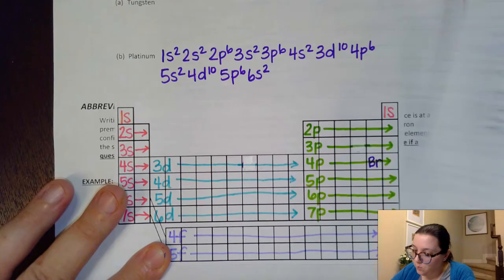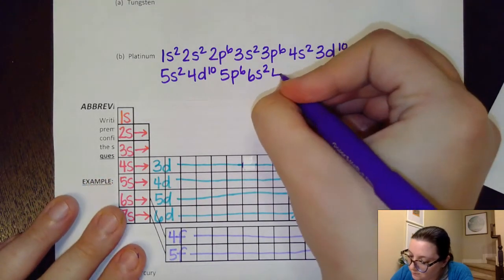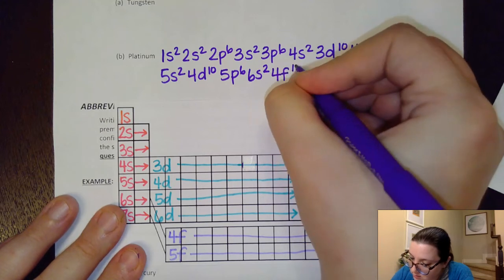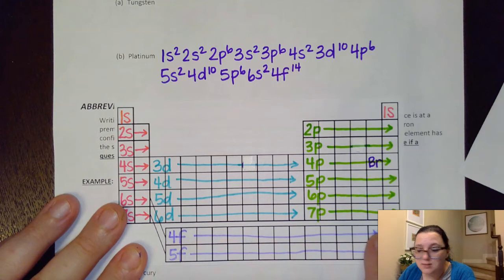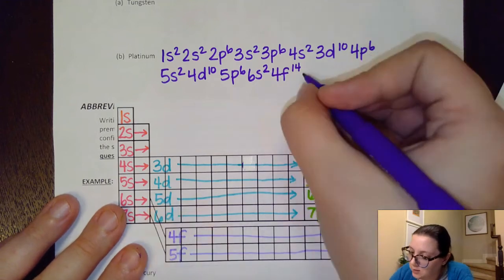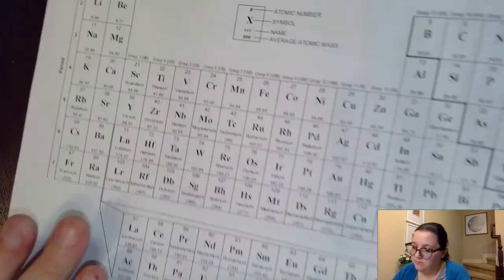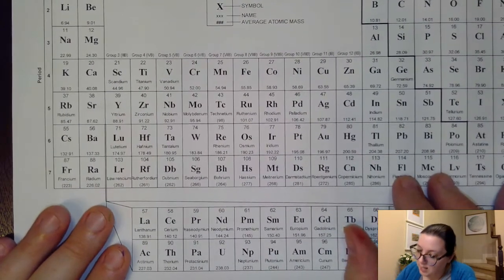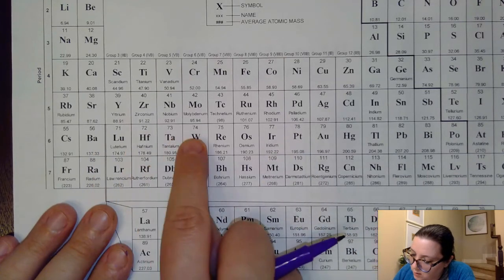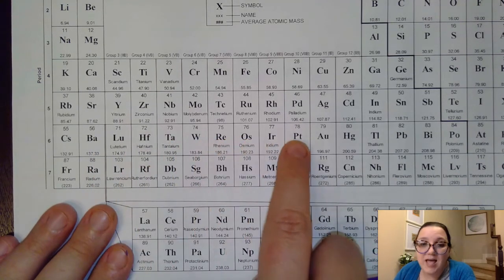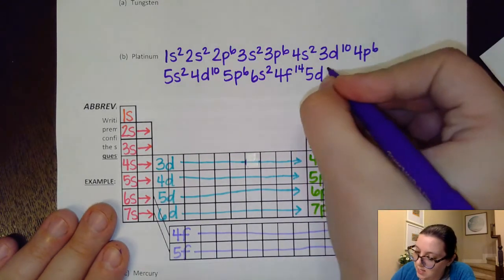So at this point, I have to include my 4f14. So again, I'm going to cut down here. 4f is 14 across, and then I can come back here to 5d. And when I do my 5d, I want to be very careful on the count that I have. To get over to platinum, I have to go through 1, 2, 3, 4, 5, 6, 7, 8 electrons. So platinum's going to end with 5d8.